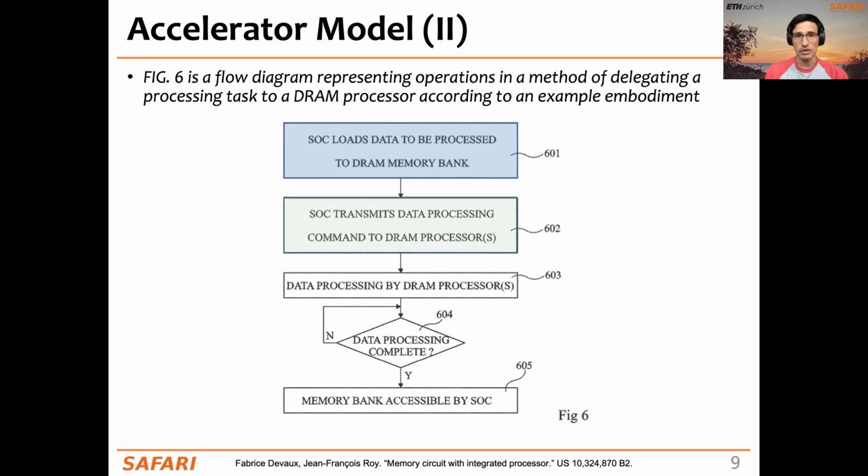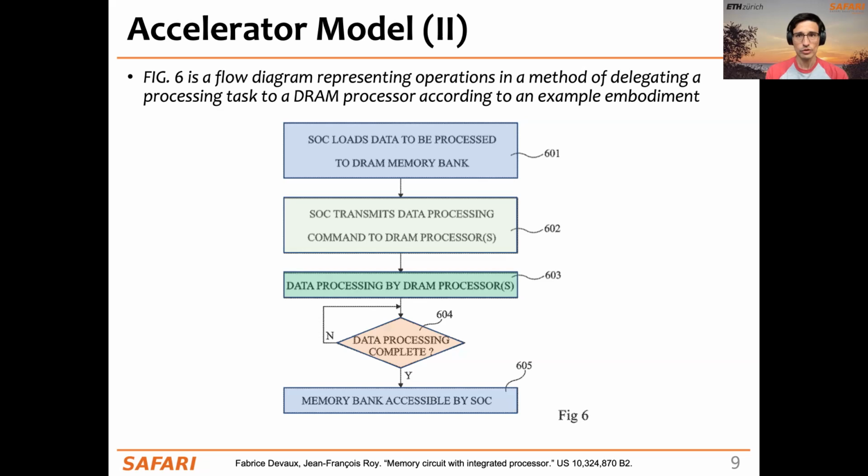After that, the host processor will transmit DRAM processing commands to the DPUs, and then the execution of the DPU kernel can start on the DRAM processors. In the meantime, the host processor can continuously check if the data has already been processed on the memory side, and at that point, when the kernel finishes on the memory side, the memory banks, the NRAM, become again accessible to the host processor.